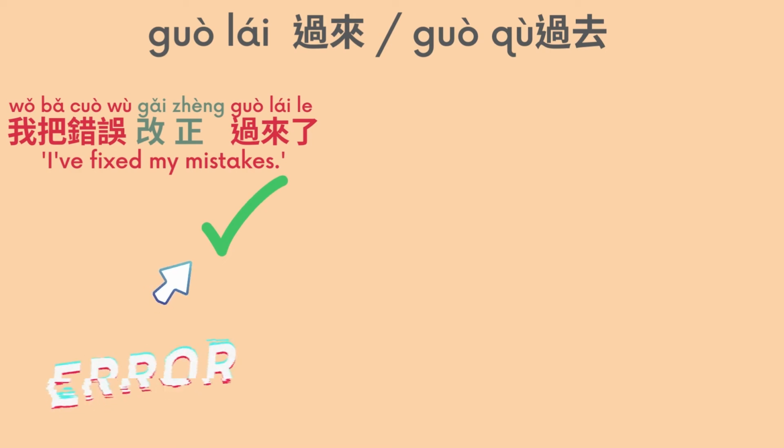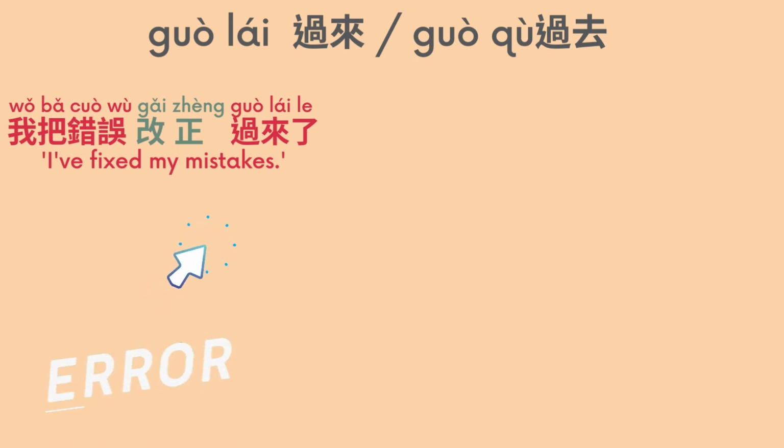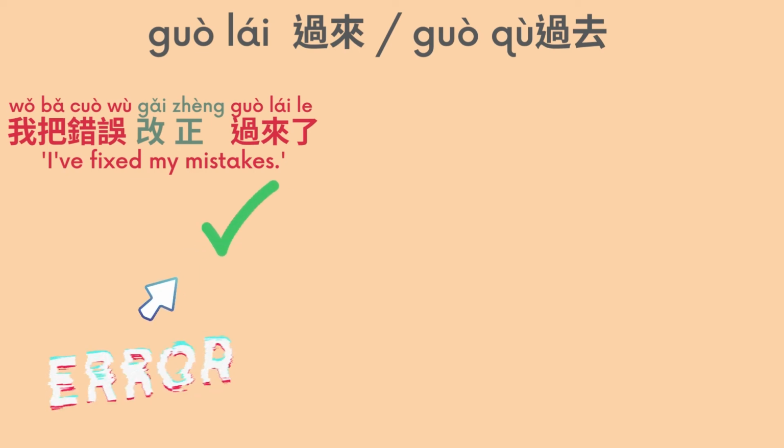One of the most common extended meanings of 过来 is someone who has overcome a difficult challenge or someone whose consciousness has shifted from existence to non-existence. For example, 我把错误改正过来了.